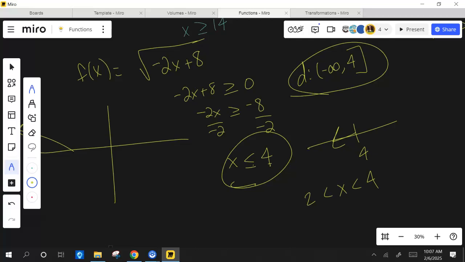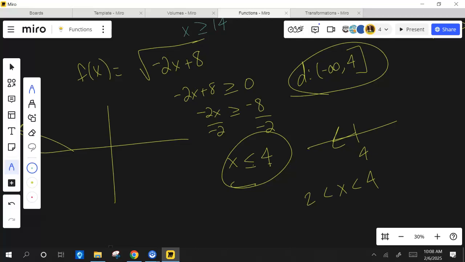You multiply or divide by a negative number, the inequality flips. Why is it not 4 to infinity?